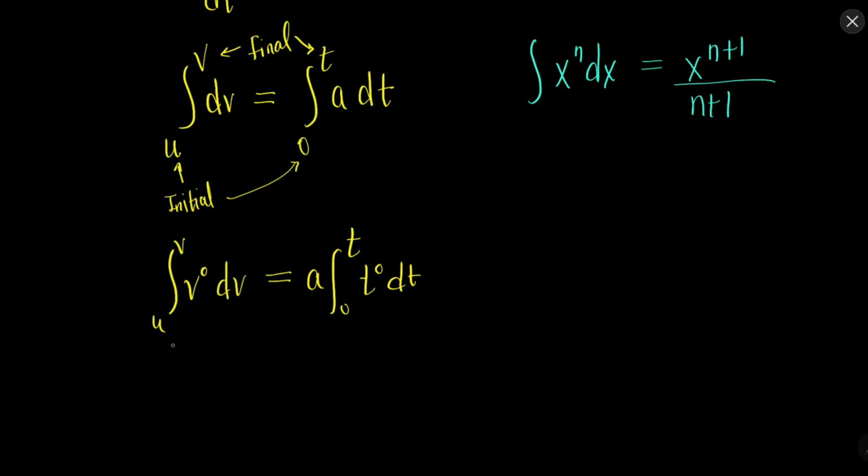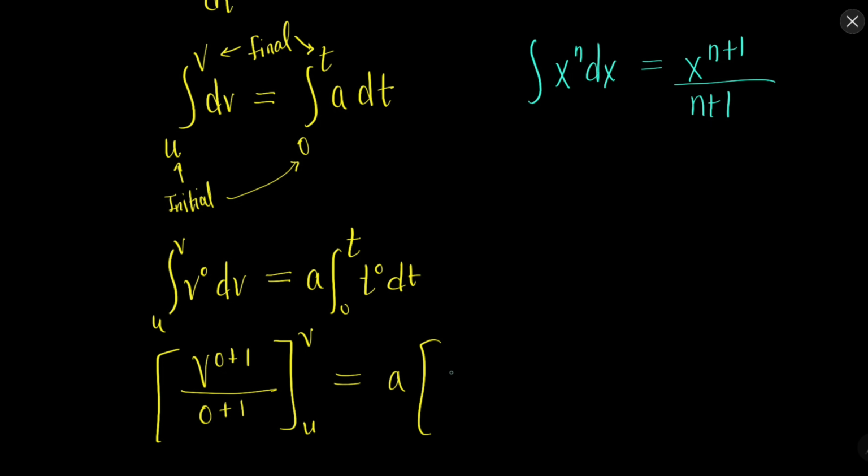After this, the integration is quite simple. v to the power 0 plus 1 upon 0 plus 1. One important thing: we have two limits here, we are going from u to v, so we write it like this. Similarly here a is the constant which will come out, and t to the power 0 plus 1 upon 0 plus 1, because here the value of n was 0.